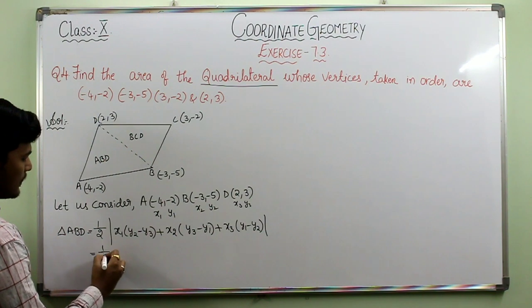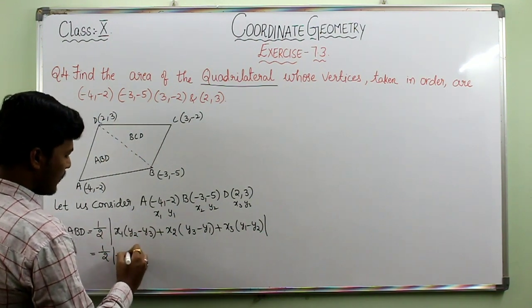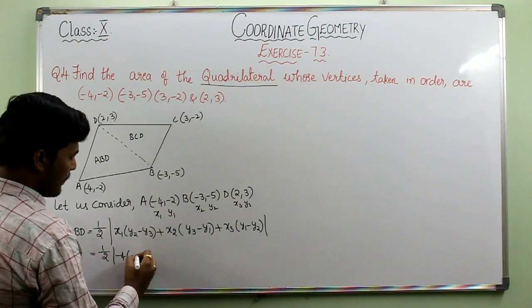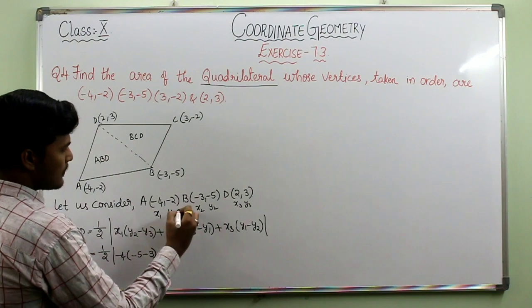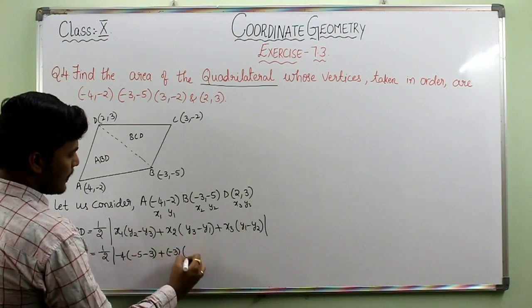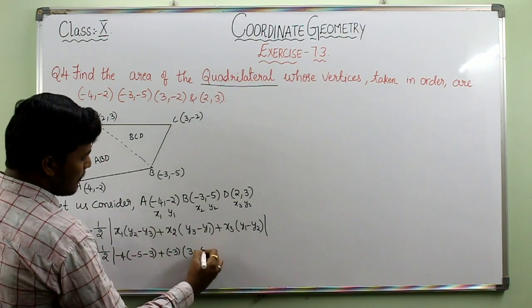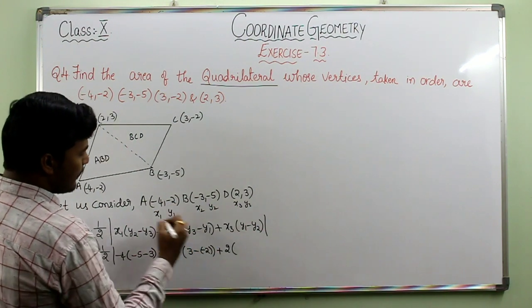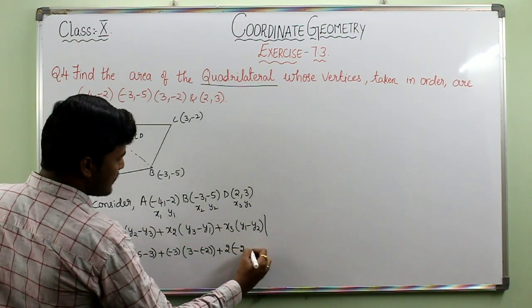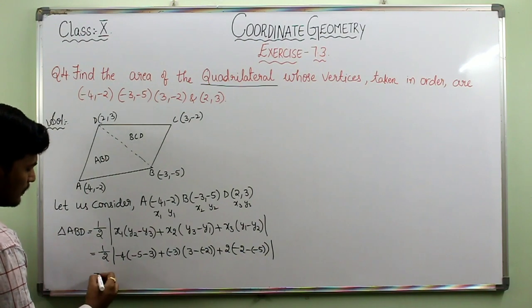Okay, so this implies 1 by 2 times of x1 is nothing but -4 into (y2 is -5 minus y3 is 3) plus x2 is -3 into (y3 is 3 minus y1 which is -2) plus x3 is 2 into (y1 is -2 minus of -5), close the modulus.